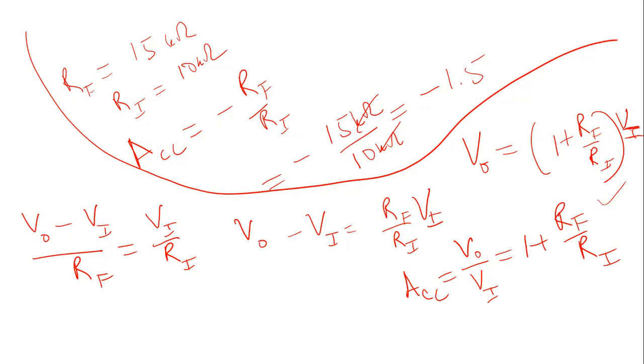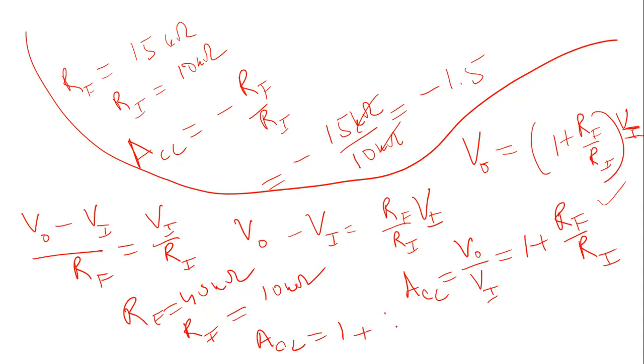If you choose RF to be 40 kilo ohm and RI to be 10 kilo ohm, then ACL is 1 plus 40 kilo ohm upon 10 kilo ohm, so the op-amp has a gain of plus 5.